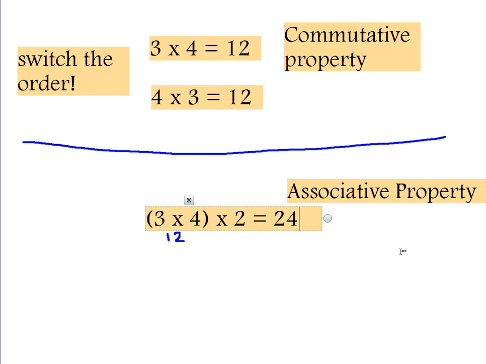12 times 2 equals 24. Okay? So according to the associative property, if I group this differently, if I say 3 times 4 times 2, is my answer going to be the same or different?